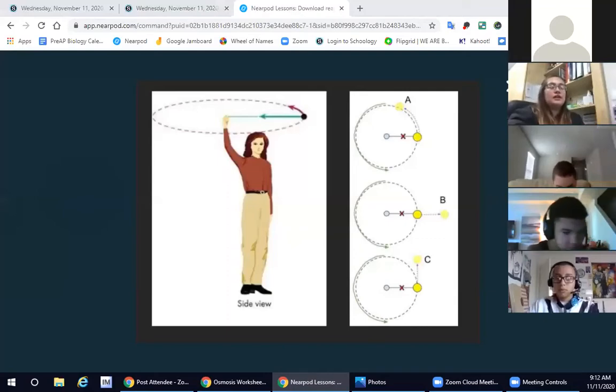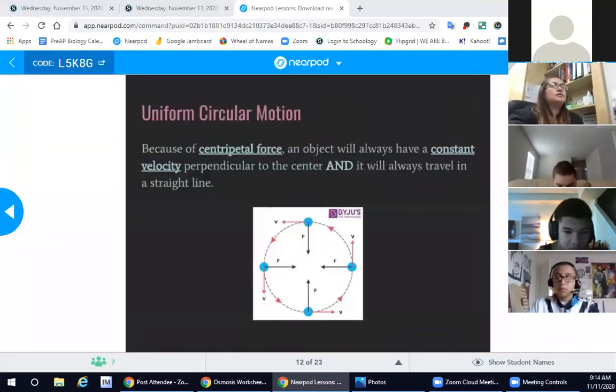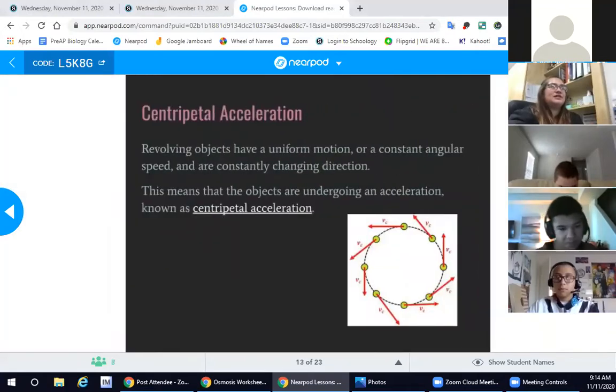So the velocity is always going to be perpendicular to the center. That's how it's always going to travel. And y'all can't see what I'm seeing because I paused it. So again, it's always going to be perpendicular to the center. That is the velocity it's going to be moving.